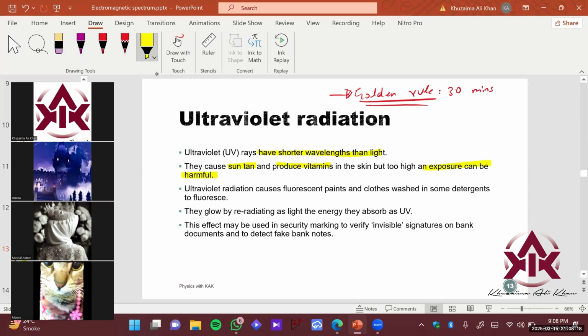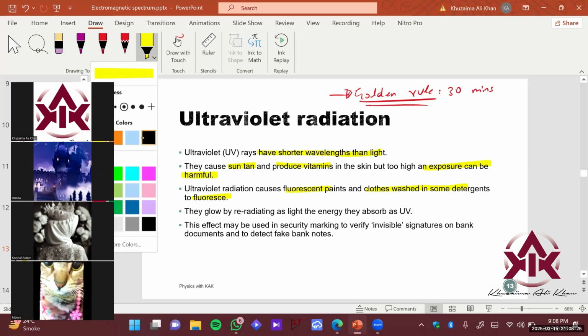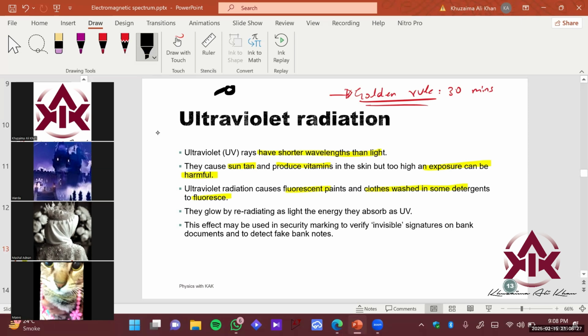They can also cause fluorescent paints and clothes washed in some detergents to fluoresce. You might have observed that you bought a black t-shirt, right? Let me draw it out. Okay, good. Zabardast. You bought a black t-shirt, right? But after some days, when you are wearing it daily, the black fades to, let's say, grayish black, right? And why is that?